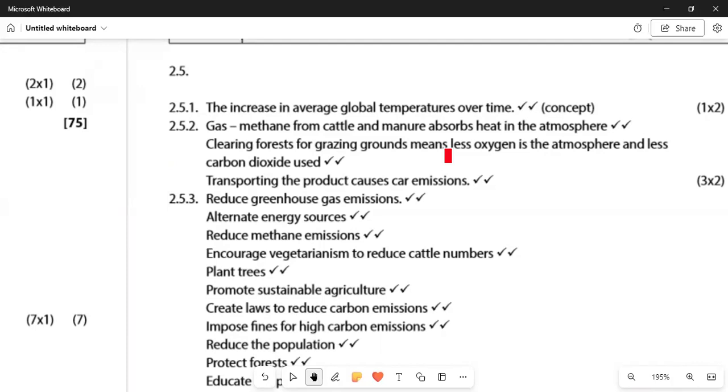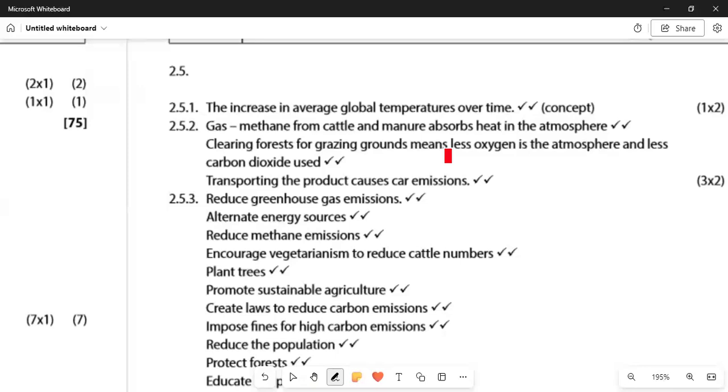In 2.5.3, the ways that we can reduce this carbon emission: number one, we can reduce greenhouse gas emission. Number two, alternate energy sources. The alternate is the other ways of using these sources of energy.